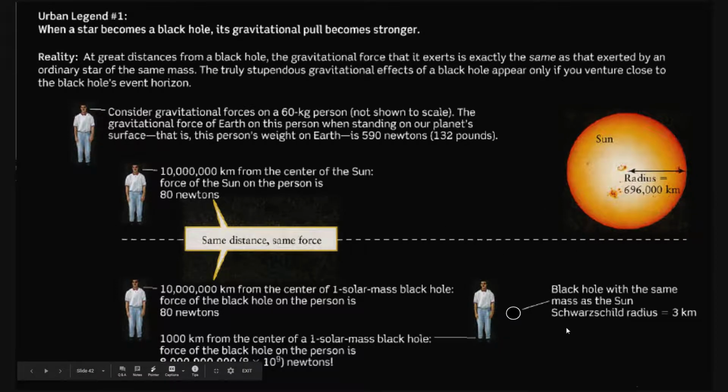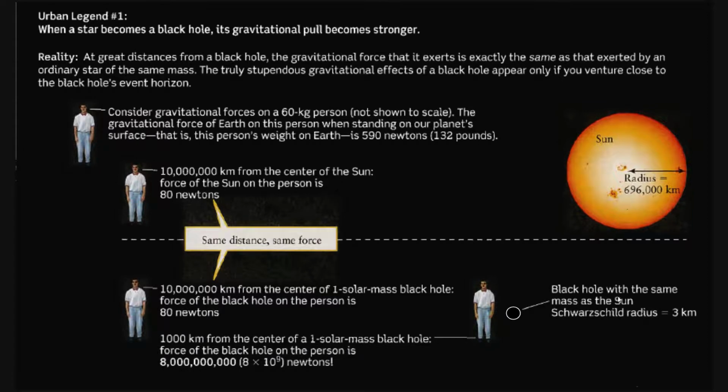Just for example, if you smushed the sun into a black hole, its Schwarzschild radius would be 3 kilometers, meaning it'd be 3 kilometers from the center of the singularity, which is, I mean, it's just nothing, but from the center of the black hole to the event horizon. Only 3 kilometers.